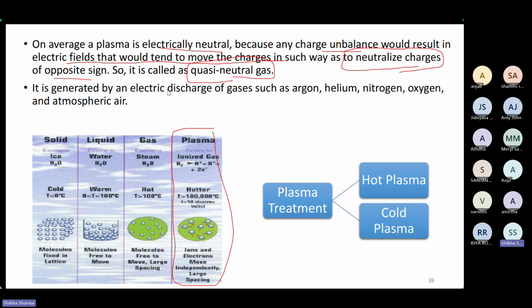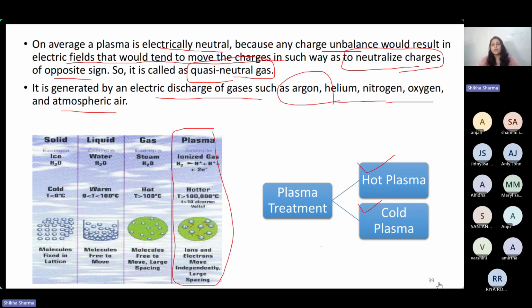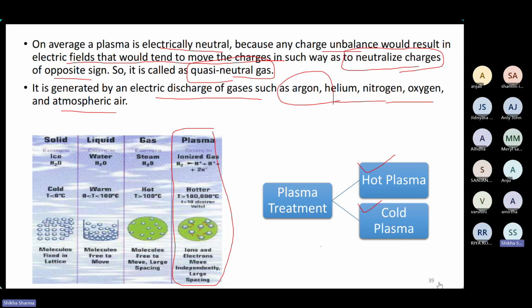It is generated by an electrical discharge of gases such as argon, helium, nitrogen, oxygen, and atmospheric air. And it can be hot plasma or cold plasma, and it can be under atmospheric conditions or high or low pressure conditions also.